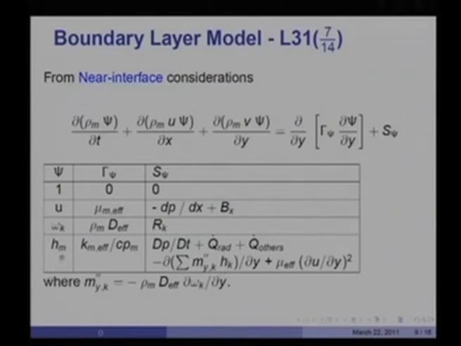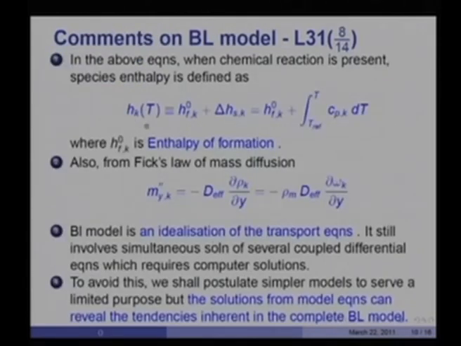So, this is the mixture enthalpy, this is the enthalpy of the species K. Then the enthalpy of the species K in a chemically reacting mixture is written as H naught F k plus del H S k, where H naught F k is called the enthalpy of formation, plus the sensible enthalpy to go from the reference state to the T state. H naught F k is defined at the reference temperature T ref, and sensible enthalpy is defined as the integral from T ref to T of C p k dT.